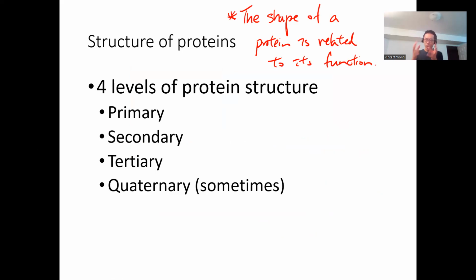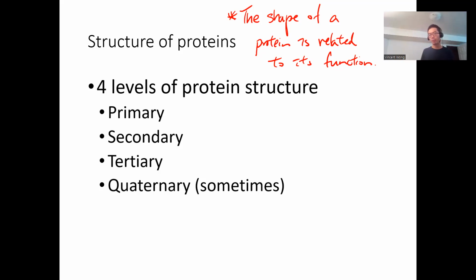So the shape of the protein will basically determine its function. Or you can say the function is dependent on the shape. It's like a key and lock relationship. Each protein has a unique shape. Each protein is like a key, and the key is only going to open one specific lock, right? If you bend the key or scrub off the grooves, it won't open the lock anymore, right?